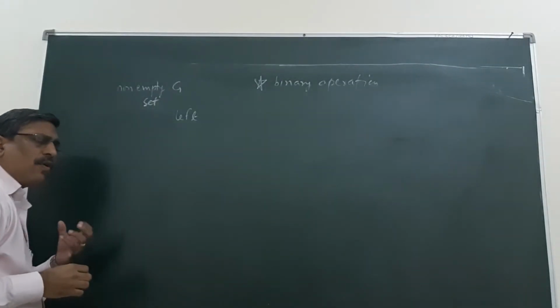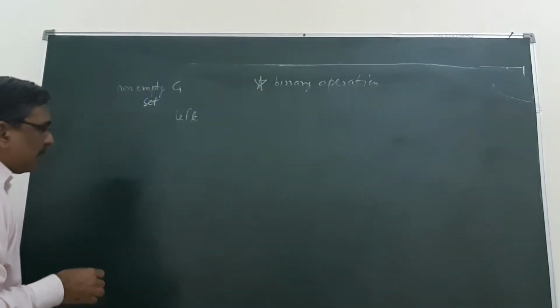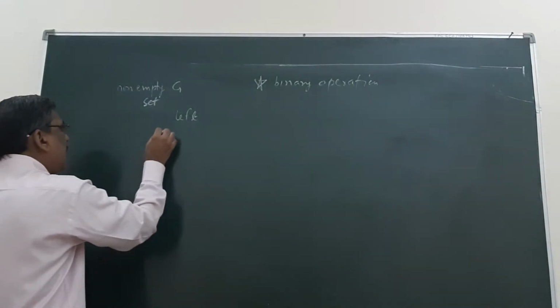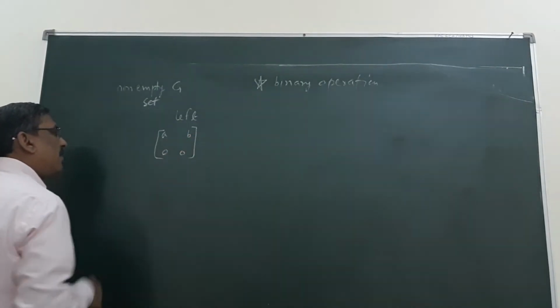Let us focus on a simple example of a matrix, a 2 by 2 matrix. Say this is a matrix, a and b, 0 0, a matrix of 2 by 2.